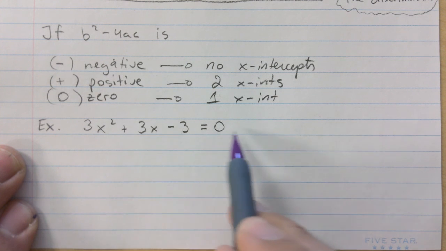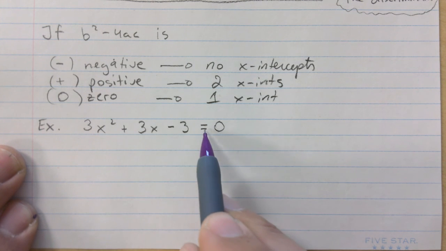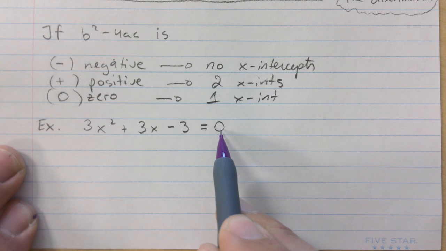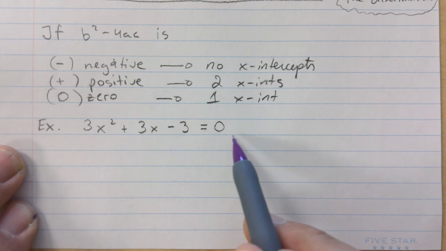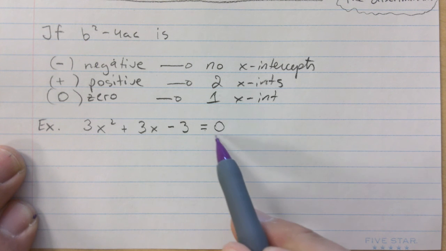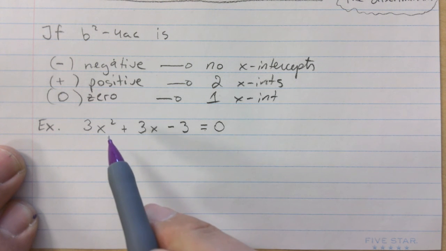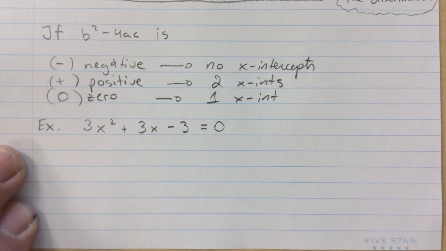It is a quadratic equation, and it happens to be that it's equal to 0. Think about it this way. When y is equal to 0, what is x? That's what you're trying to find, which is essentially the x-intercept.